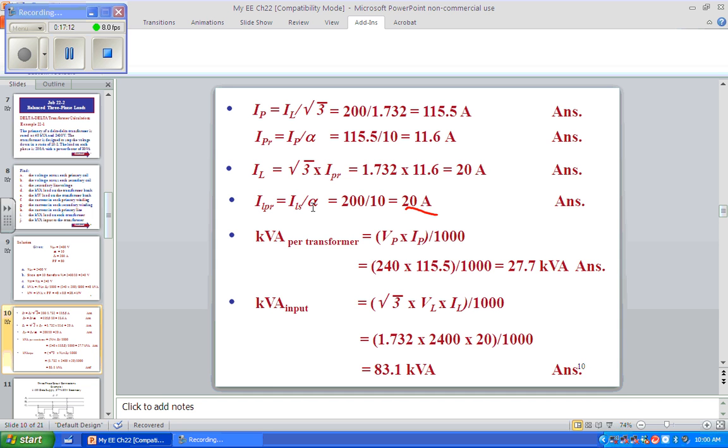So our kVA per transformer is 27.7 kVA because it's 240 times 115.5. Those are line totals, phase totals. Those are line totals. 240 times 115, those are line totals.